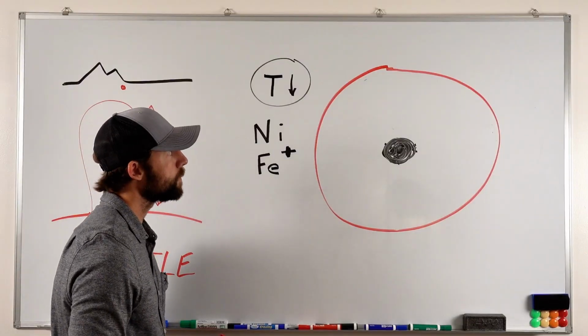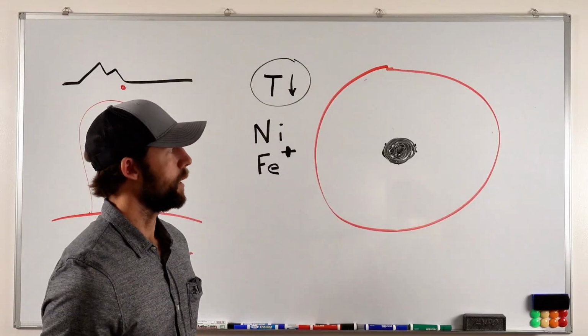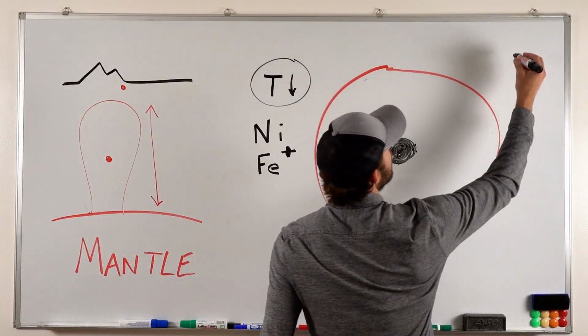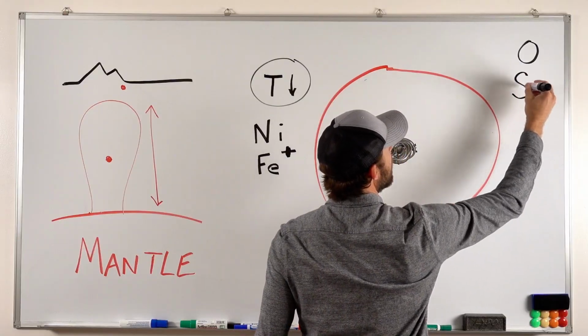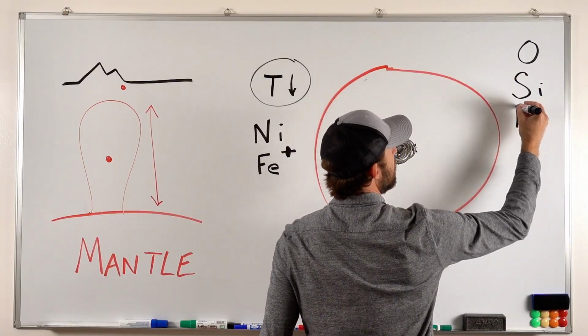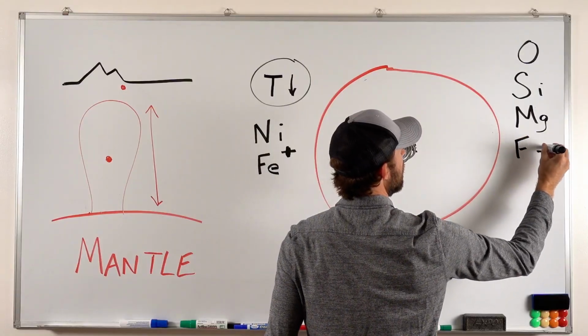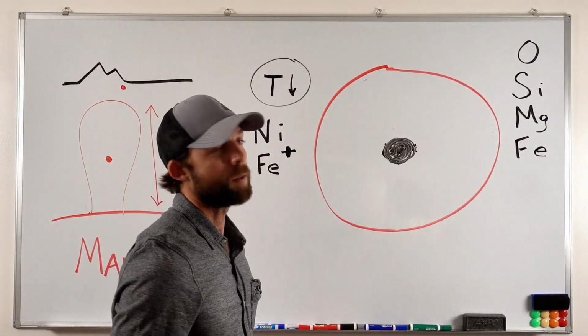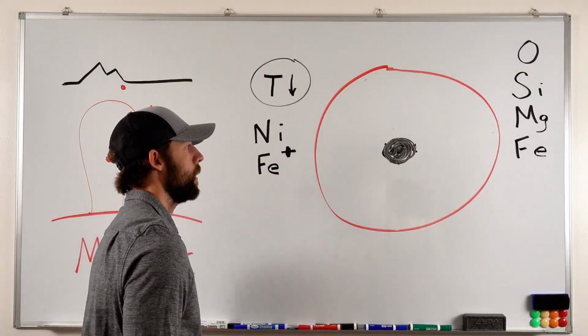Okay, well, let's look at what the four most abundant elements on Earth are. Okay, oxygen, silicon, magnesium, iron. I don't know if it's in that order. It's probably not in that order. But those are the four most abundant elements on Earth.